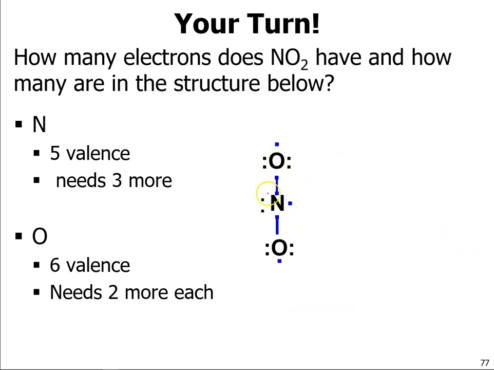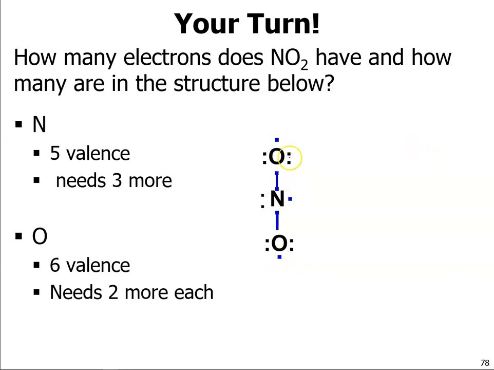Now we have the nitrogen as the central atom, the least electronegative, the furthest to the left, and it needs the most bonds. So I'm going to provide multiple bonds to that central atom. Now we still have some unpaired electrons. We have an unpaired electron here, here, and here. So we should combine some of those.